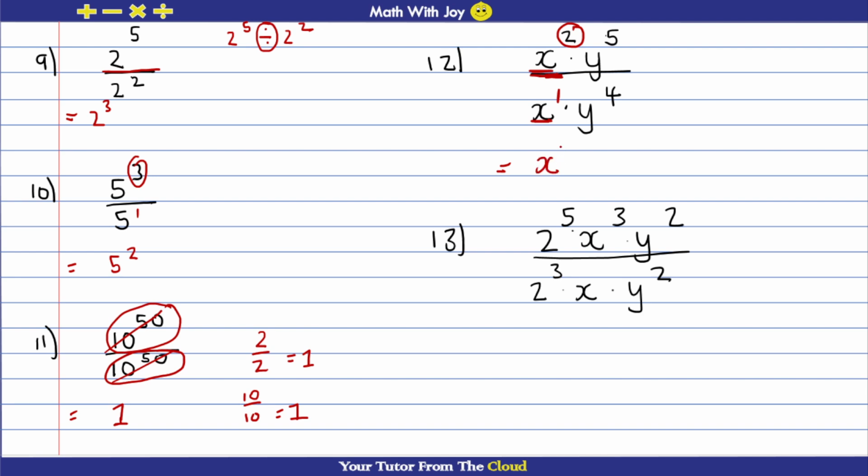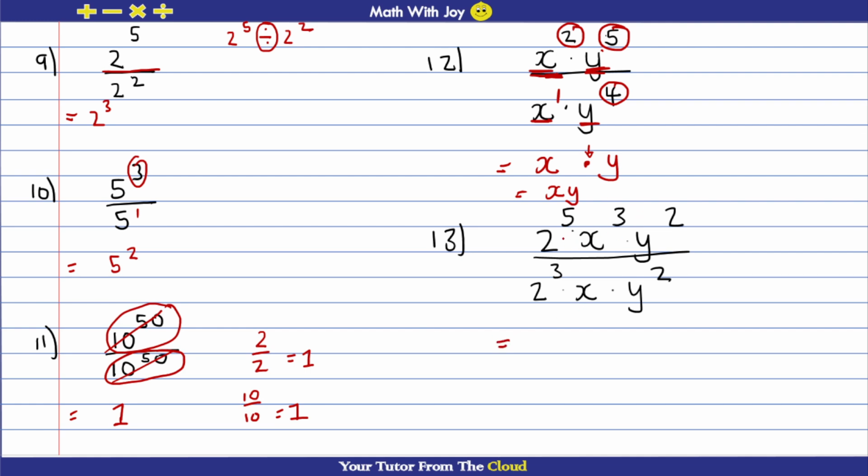So the answer will be a 1 there, but I don't have to show it. Then times, now I need to deal with this, right? I'll say 5 minus 4, that's going to be y to the power of 1. So in simple terms, this is xy, because you don't have to indicate the times there as well.